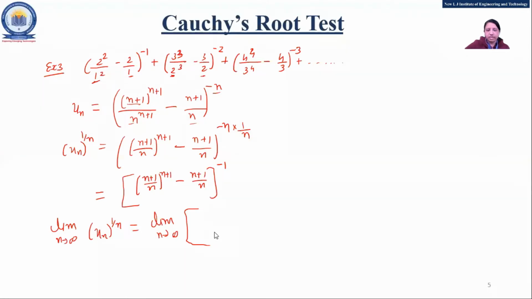How are we supposed to solve this limit, because I will have this kind of thing, n plus 1 by n raised to n plus 1? I told you to take n common from here, and one n is supposed to cancel out. So what should be here? That I am asking.